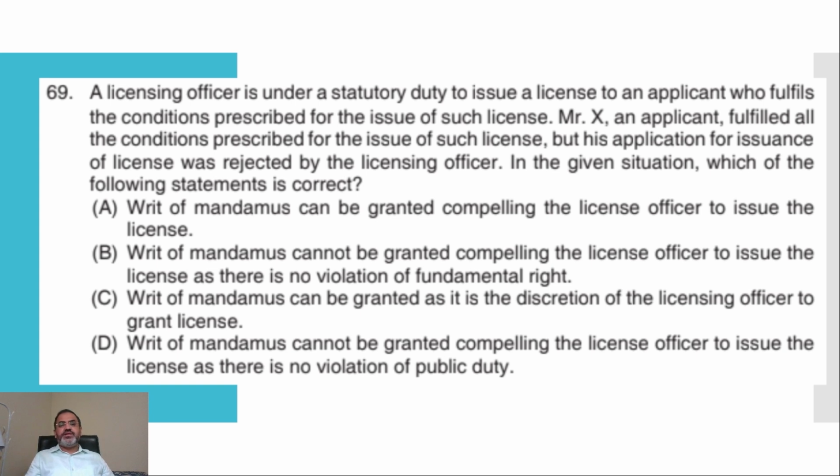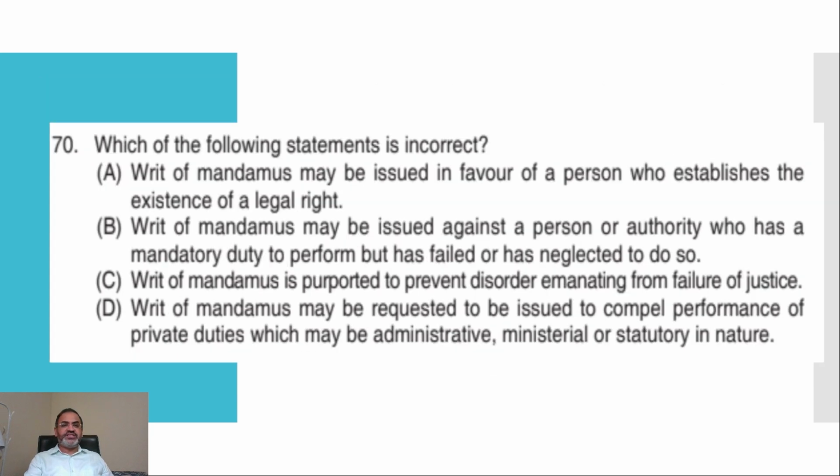Clause A says a writ of mandamus can be granted, compelling the licensing officer to issue the license, and C says a writ of mandamus can be granted as it is the discretion of the licensing officer to grant license. In this case, since X has fulfilled all the formalities for the issuance of license, it is not the discretion of the licensing officer to grant license, and therefore the licensing officer is actually to be compelled to issue the license. If we understand this quite clearly, clause A is the right answer.